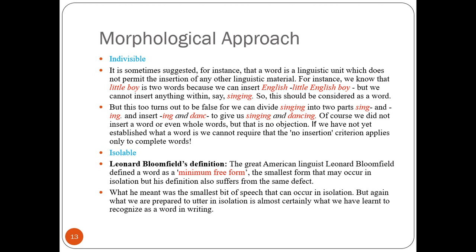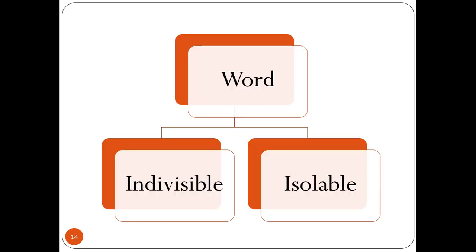Okay, so we will see only two features. The first one is indivisible, and the second one is isolable. That word is indivisible and it is isolable. By indivisible, we mean to say that it is not further divisible.